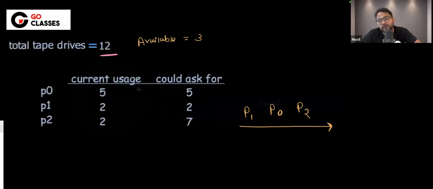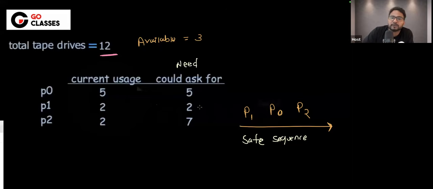What does this mean? We should be understanding this. By the way, this is also called a safe sequence. What does this mean? It means that whatever be the worst case, this is the worst case sequence basically. Worst case means, see, as I told you, this is the future need.